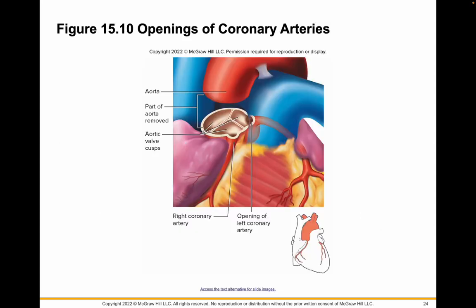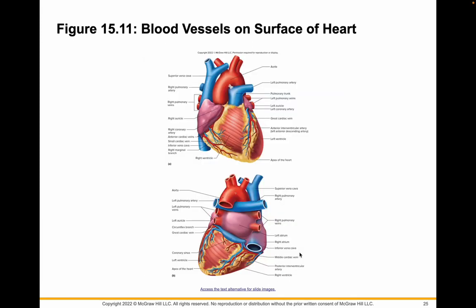So let's see if we can see some of this. Okay, so we have the right coronary artery coming here, the opening of the left coronary artery here, and then all of this coming right off the aorta. So you can see this is the first two branches coming off. And then you can see how they're feeding the heart from the outside because blood is not going to allow oxygen to diffuse from the inside.